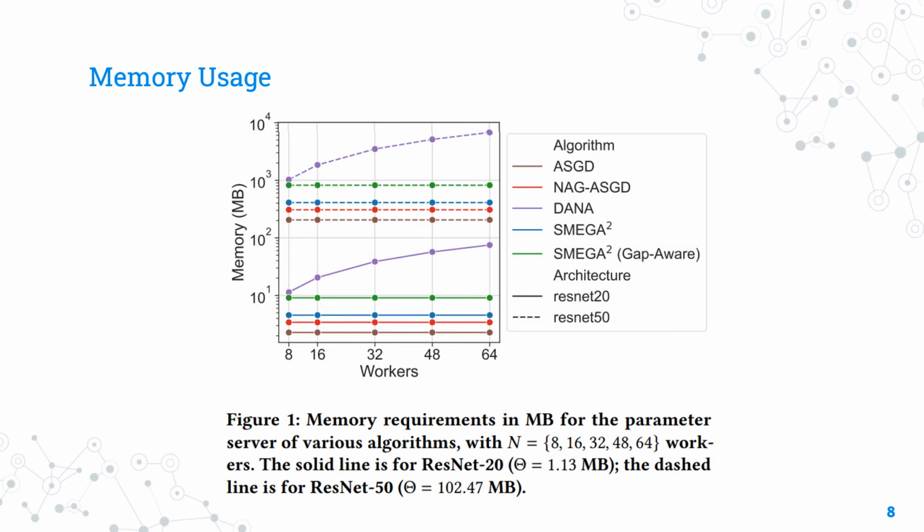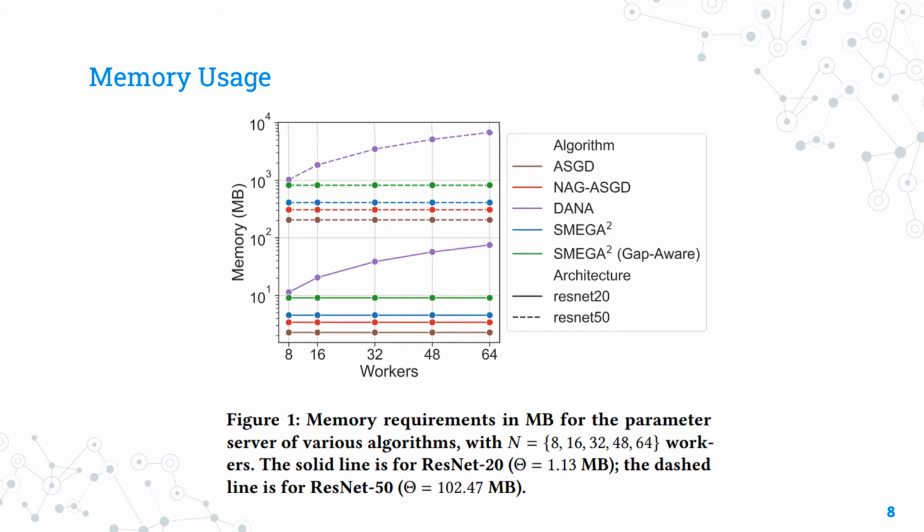One of the main problems of parameter estimation techniques is their high memory usage. Here we can see, for example, that the previous parameter estimation technique, known as DANA, has a high memory usage. This memory usage also increases as we add more workers, which makes it less scalable.